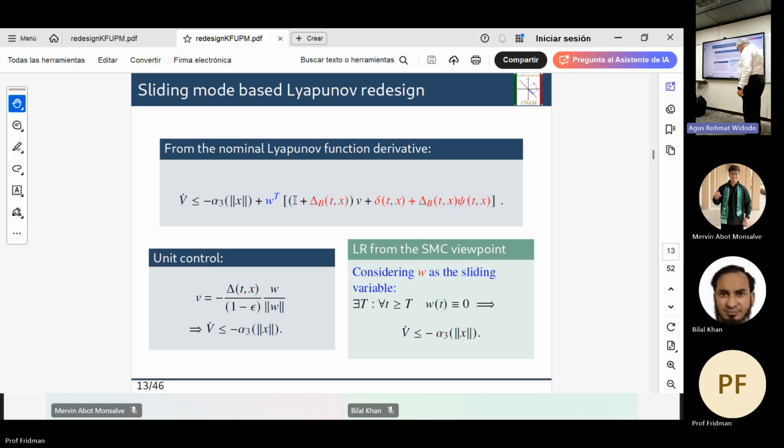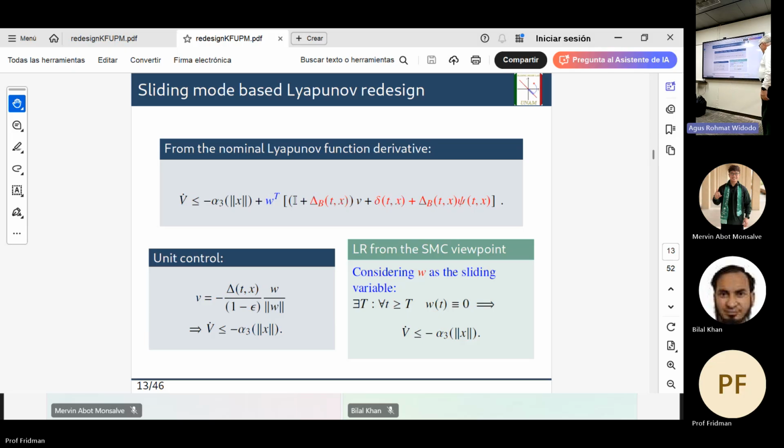To ensure the existence of sliding such that after a finite time, your Lyapunov function will be the same. That's the difference. Because the group of Leitman told, okay, it is negative. What we are telling is the other story. It will be zero. That's the difference. That's the key.